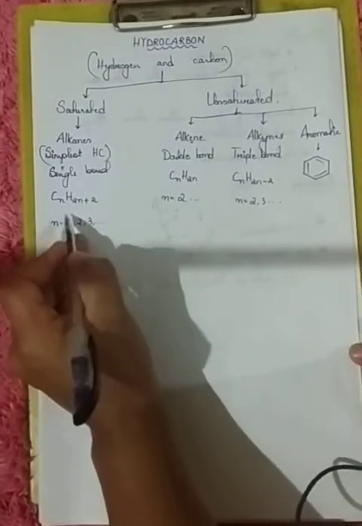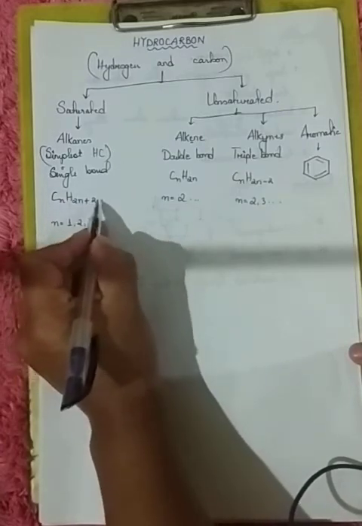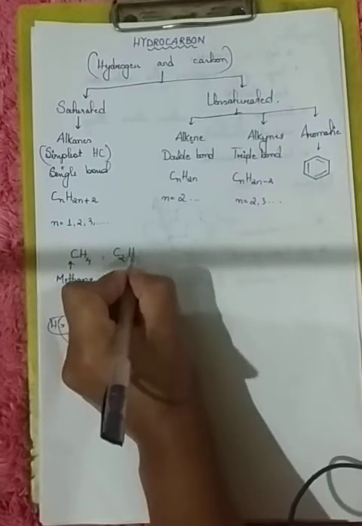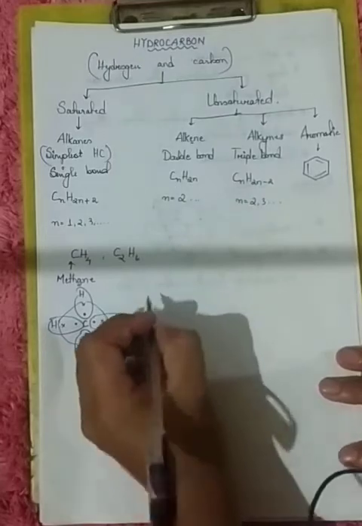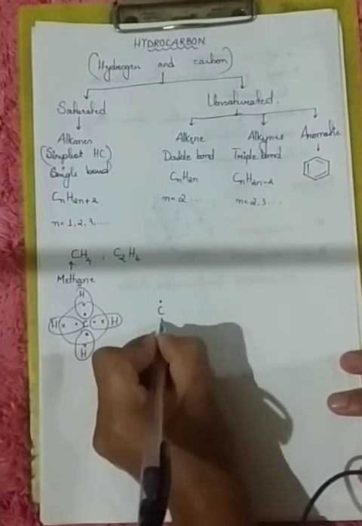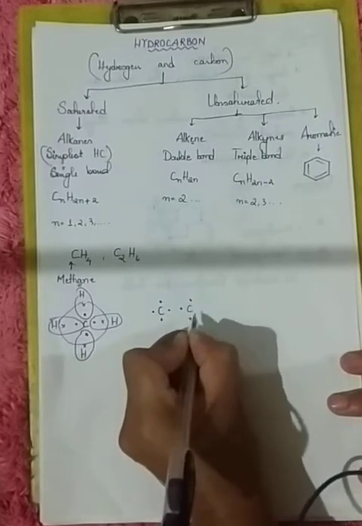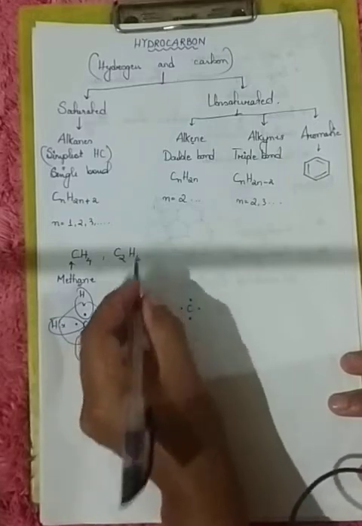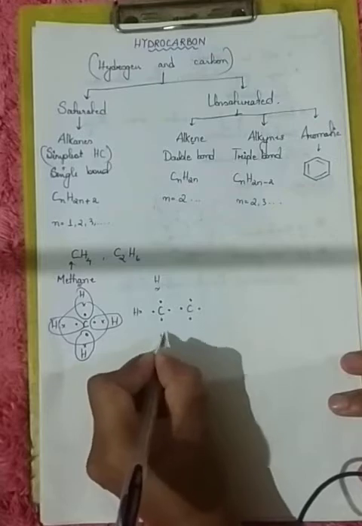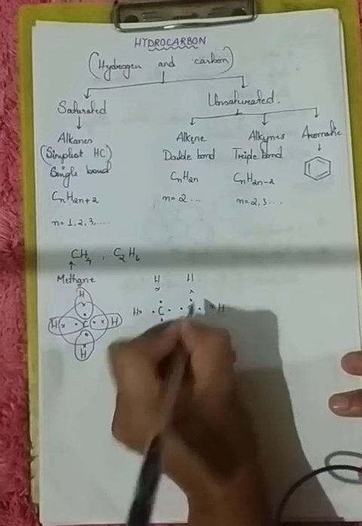Now the second molecule, when C equals 2, we have H of 2 times 2 plus 2, which is 4 plus 2, so C2H6. If you want to draw the electron dot structure, arrange the first carbon atom with 1, 2, 3, 4, the second carbon atom with 1, 2, 3, 4, and then 6 hydrogen atoms.